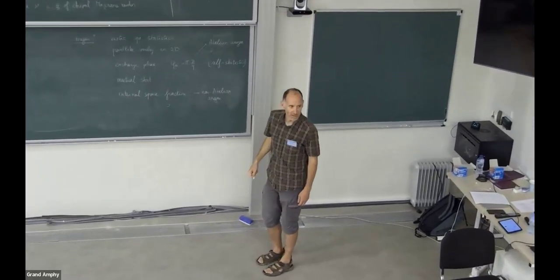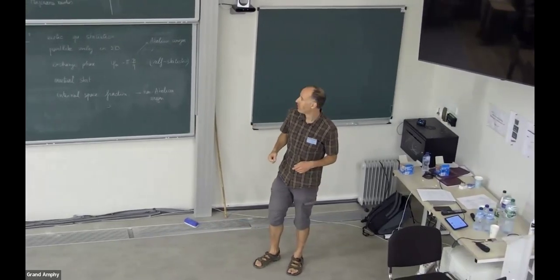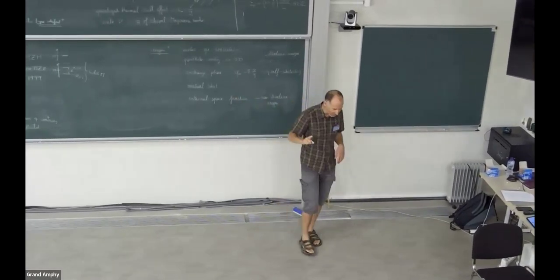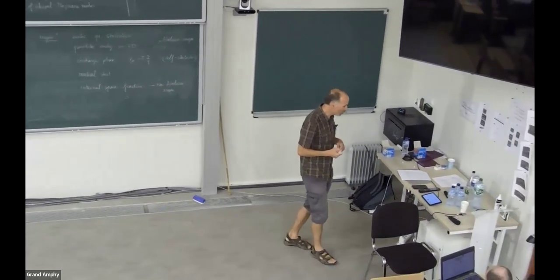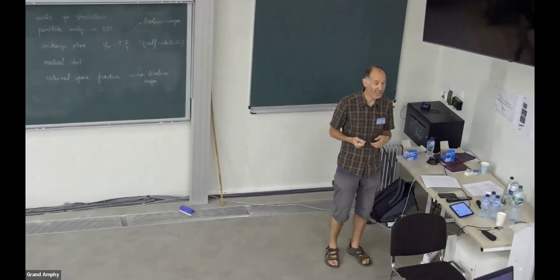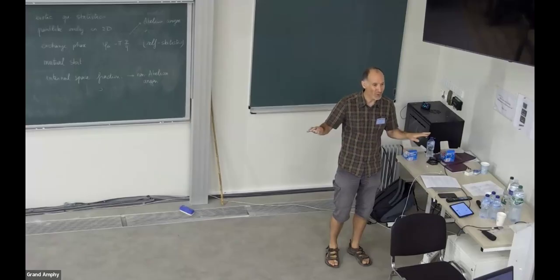Could you remind us of the exotic quantum statistics that they're following? So, okay, here I'm just saying the following. The usual quantum statistics in 3D is just fermions or bosons. In 2D, it's richer because the corresponding group that you need to analyze is not the permutation group, but the braid group. And the braid group has irreducible representations that are more complicated than the permutation group in 3D.